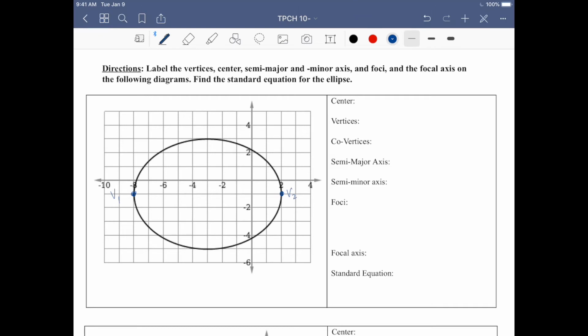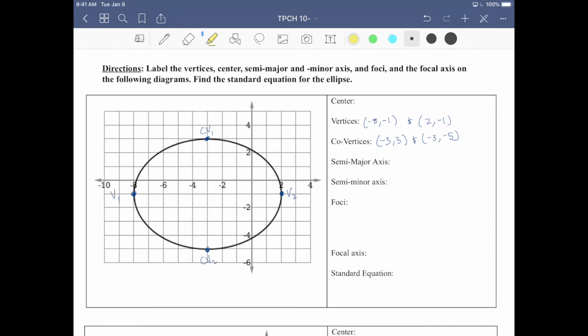So my first vertex is going to be (-8, -1), and my second one is going to be (2, -1). Now my co-vertices, here's my co-vertex, they're going to be on the minor axis. So my co-vertices are (-3, 3) and (-3, -5).